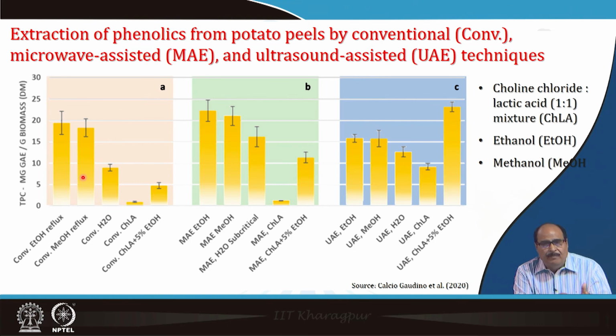But when the same technology is used in combination with either microwave or ultrasound, the yield is substantially increased in both. It was less in the single solvent extraction, but when combined, the quantity is increased. Okay. So it is better to go for either microwave assisted extraction or ultrasound assisted extraction.